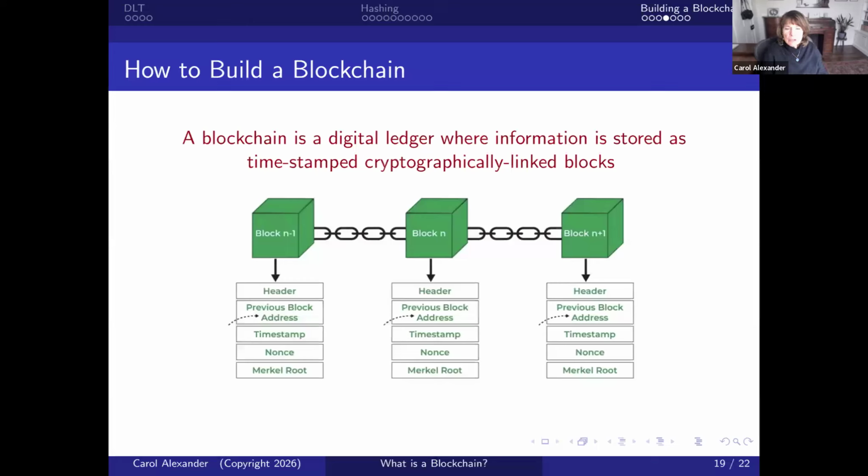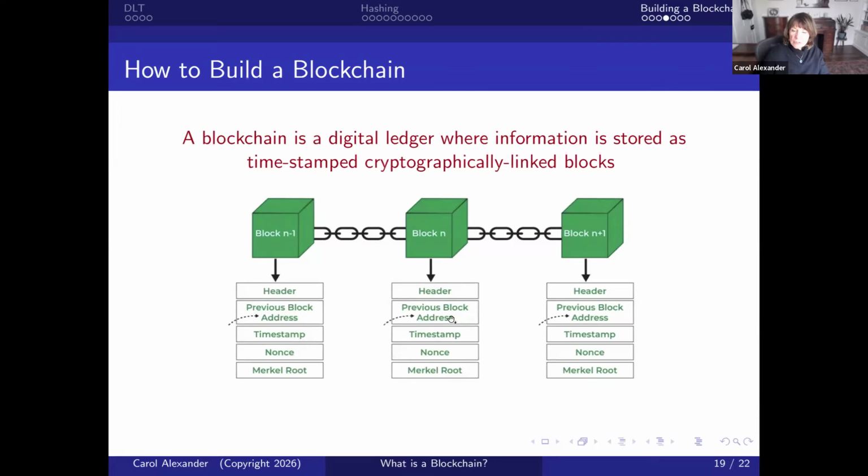What is the previous block address? Well, for block N, this central block here, the previous block address is just the hash of the header of block N-1.